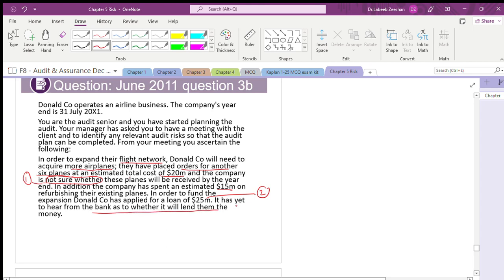It has yet to hear from the bank as to whether the bank will lend them the money or not. Third one. Automatically, the moment you write, you have to do like this. Fine. We'll go further.